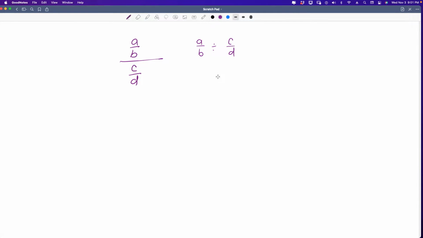And it'd be really easy to go from here to keep it, change it, flip it. We would just do a over b times d over c. That would equal ad over bc, right? Easy peasy. We just have to learn how to see this like this. That's all we have to do. That's the only thing that's different. So let's look at a few example problems and do that.